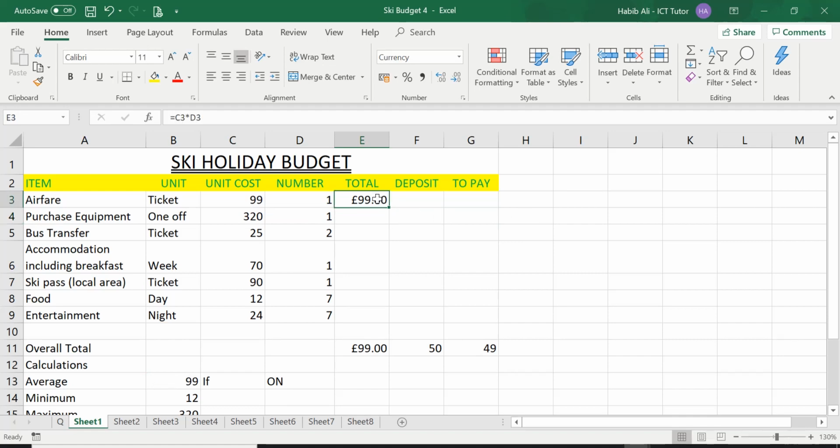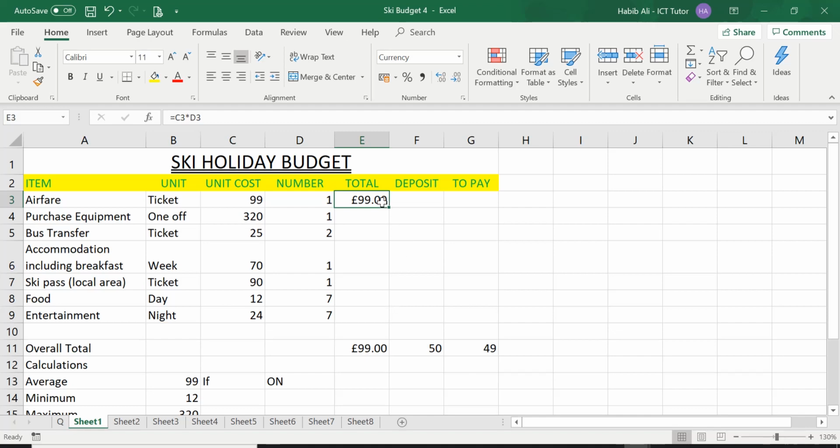So straightforward multiplication formula. Now the question of a relative reference or an absolute reference only comes into question if and only when we are replicating an existing formula.